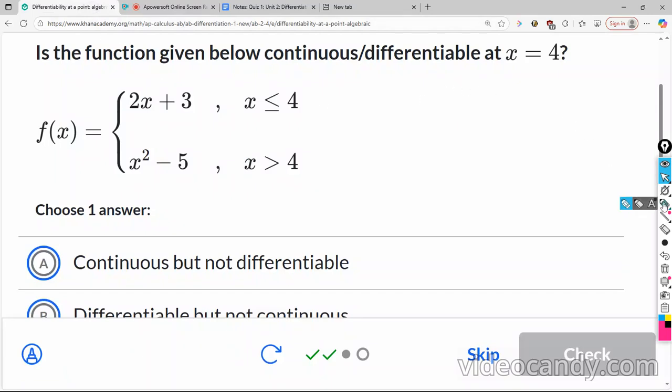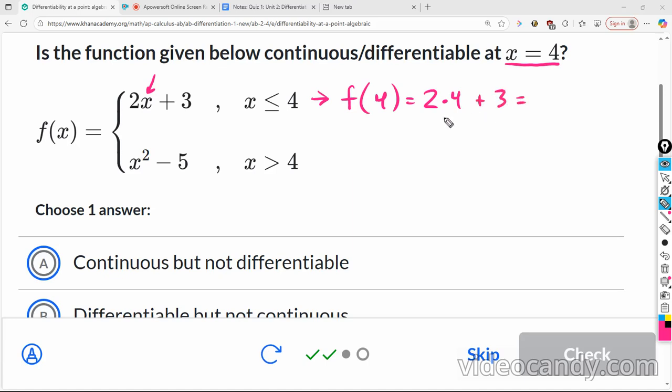All right, here we want to solve it: continuous and differentiable at x equals 4. So let's plug it in. It's a function f. For the first one, f of 4 equals 2 times 4 plus 3. That's going to be 8 plus 3, which is 11.